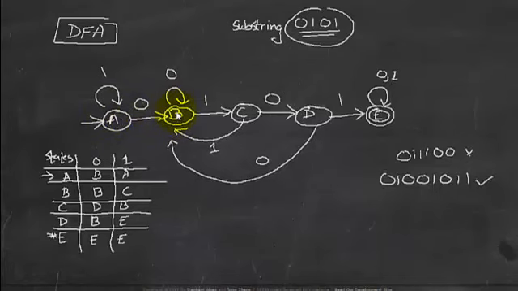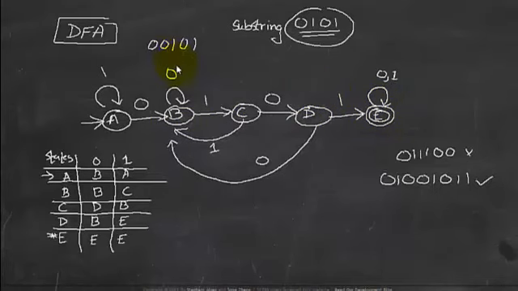Again, if another 0 is encountered, it will stay in the same state, because that is still acceptable. But if a 1 is encountered, then it goes to the next state, because we have to progress as we start getting this substring. So a string could be something like 0, 0, 1, 0, 1, and it's accepted.